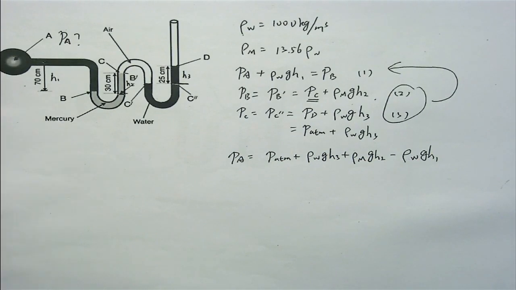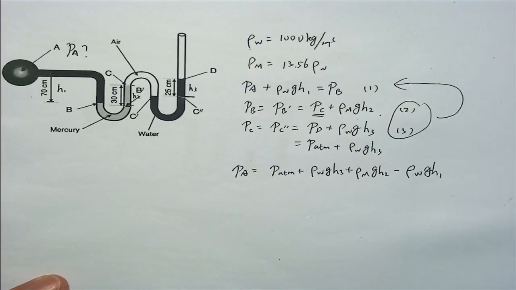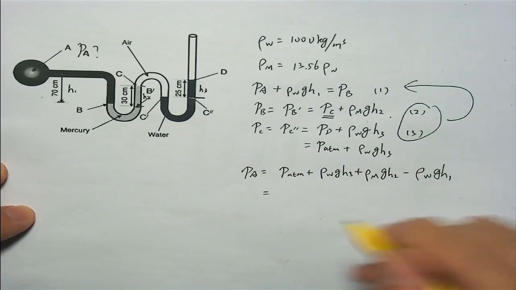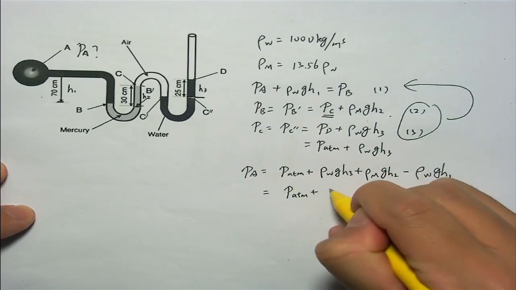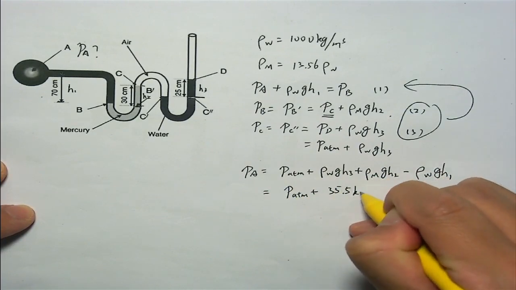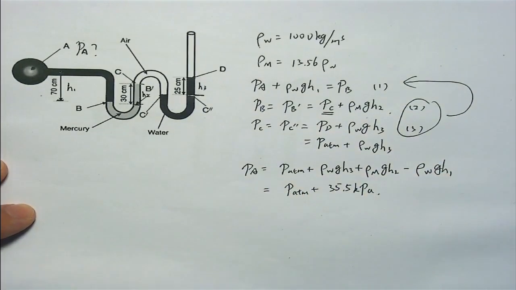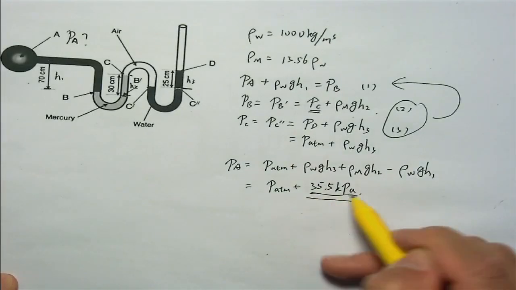So you just need to put all the heights into this one, and we can get the final pressure, which is P atmosphere plus 35.5 thousand pascals.